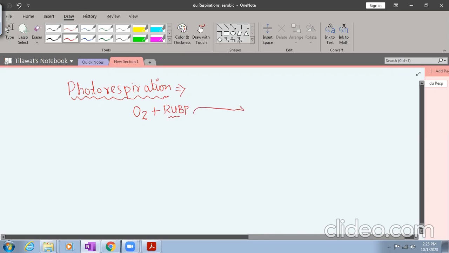And that converts into what? 3-phosphoglycerate, plus phosphoglycolate. Now this phosphoglycolate is a 2-carbon molecule. Am I clear? And this is a waste product; the plant body has no need for this.